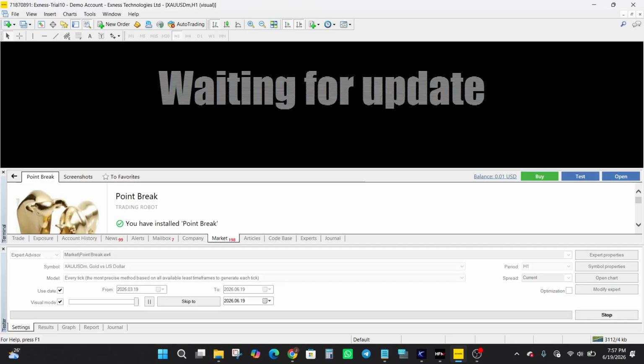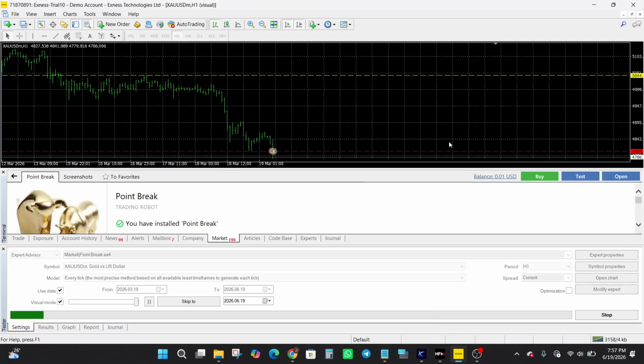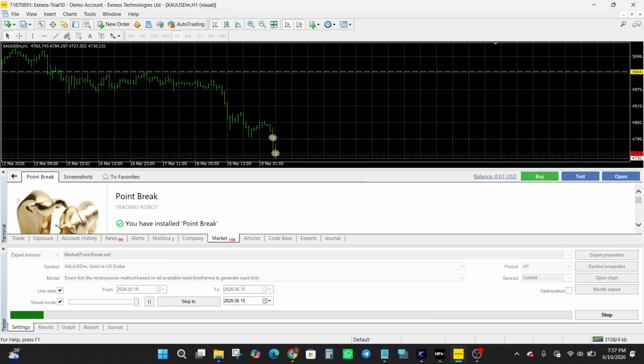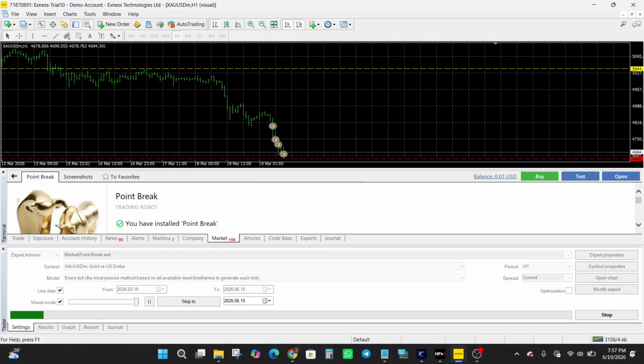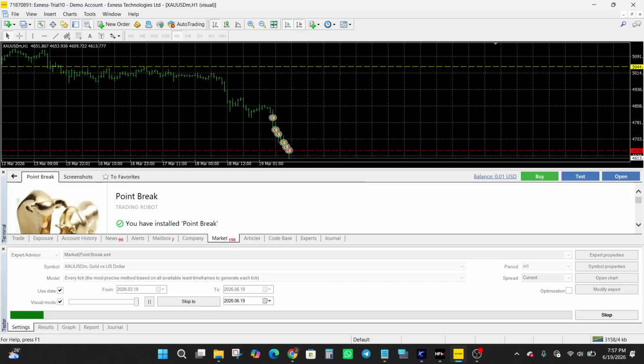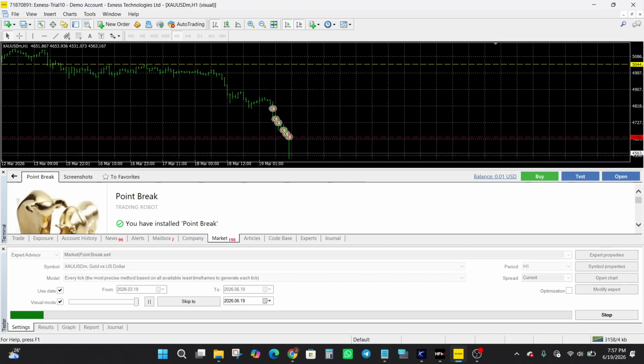All right. So looking at the backtest results and the historical chart activity, the focus should be on observing how the EA handled entries, exits, and risk management throughout the tested period.